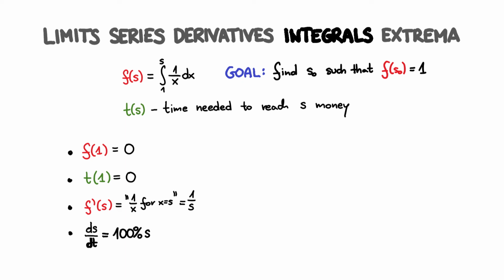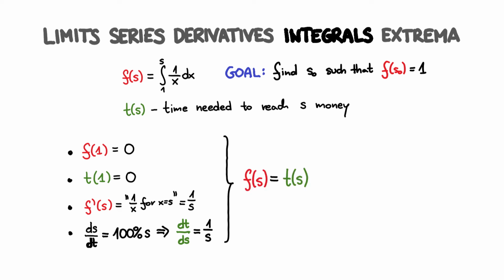In other words, we can say that the growth of time we wait for the money is inversely proportional to the amount we have. Again, with the constant one. Informally, we have just used the formula for the derivative of the inverse function. And this was exactly what we were looking for.